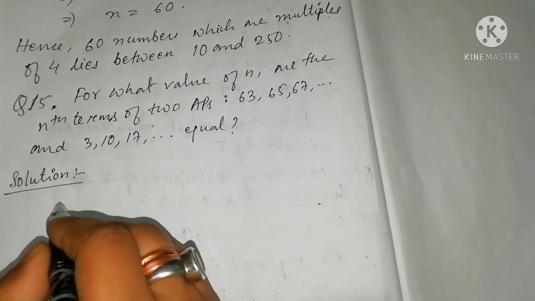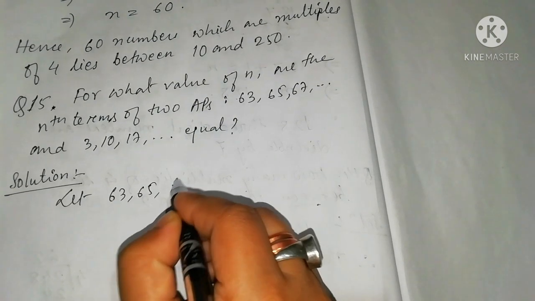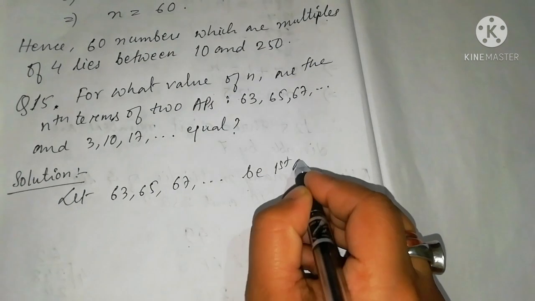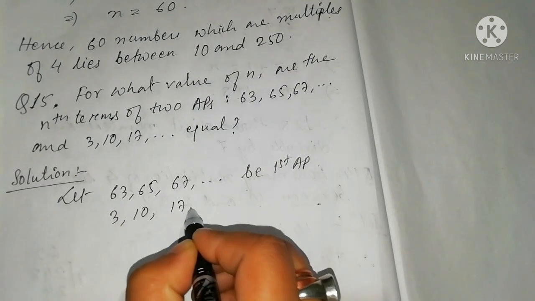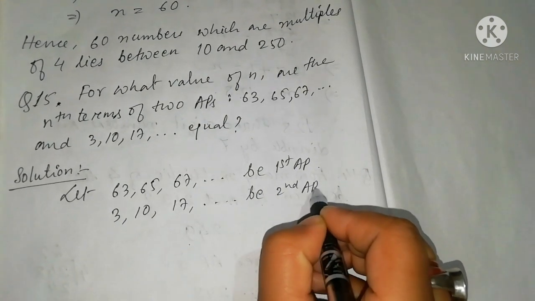So let 63, 65, 67 be the first AP, and 3, 10, 17 be the second AP.